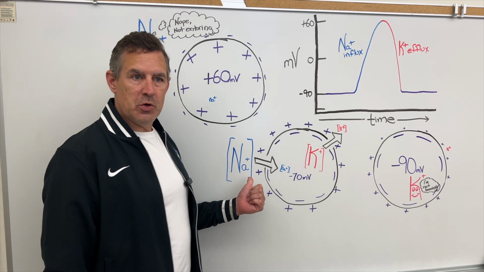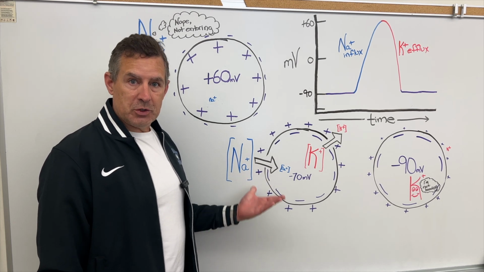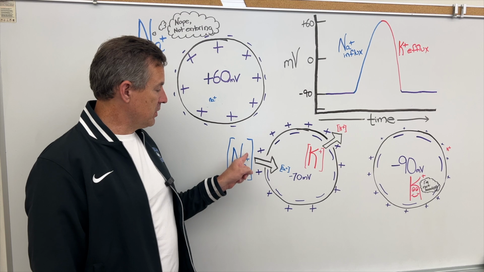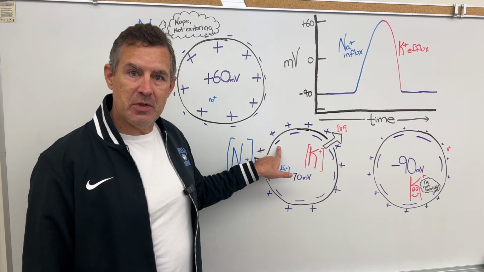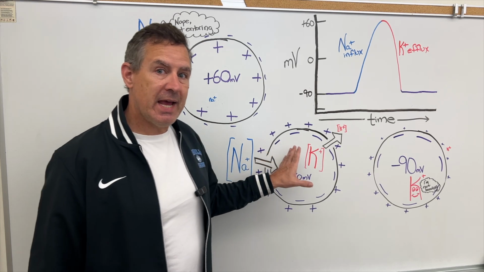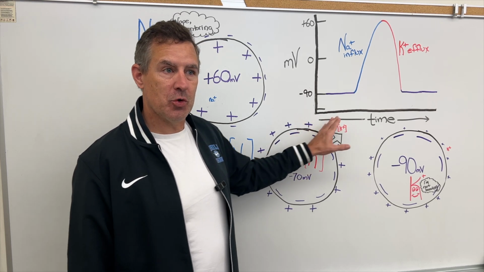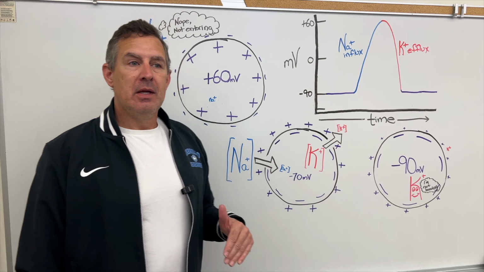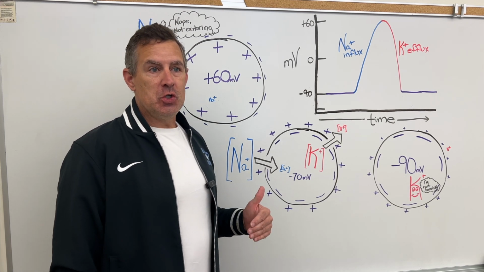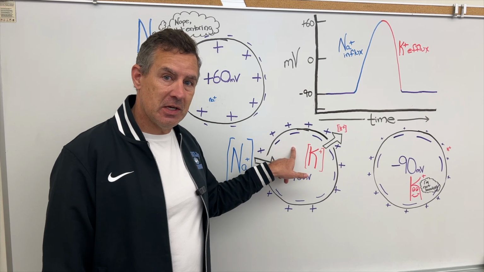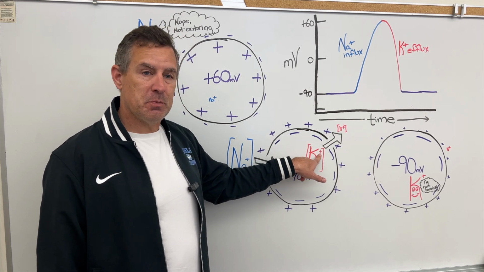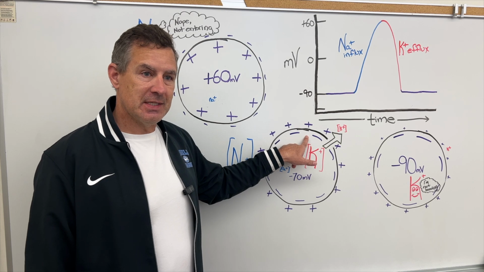And recall that sodium is moving down an electrochemical gradient because the positive charge on sodium is attracted to the negative charge on the interior of the cell, whereas potassium only has a chemical gradient favoring it to leave. Based on electrical charge or electrical attraction, potassium would actually prefer to stay in the cell because potassium is positive and the interior of the cell is negative.